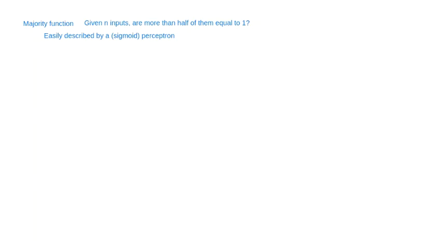We can do this. However, another approach that we've had for making decisions in the past, a decision tree, would find this very difficult, being able to reach that conclusion. Are more than half of them equal to 1?